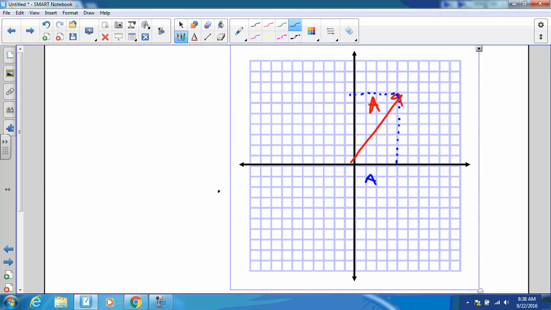And when we do, we get a certain length, ax, that we can actually think of as a vector in this direction. And we get another length, ay, we can actually think of as a vector in this direction. And I'm going to move that vector over to here. And you can see that when I add the ax component and the ay component, head and tail, like so, what I get is the whole thing, A. Just like that.